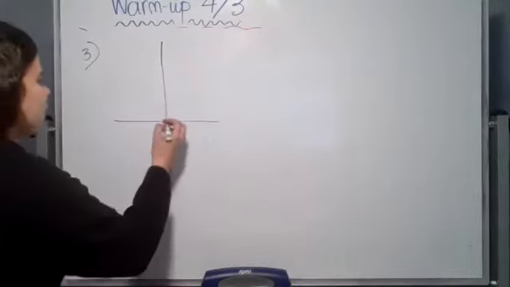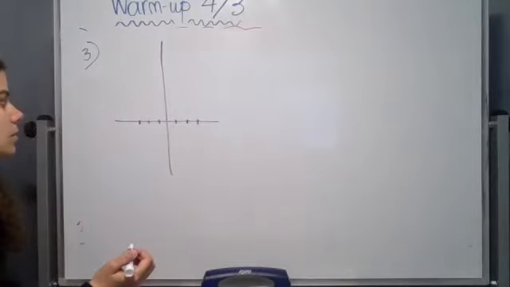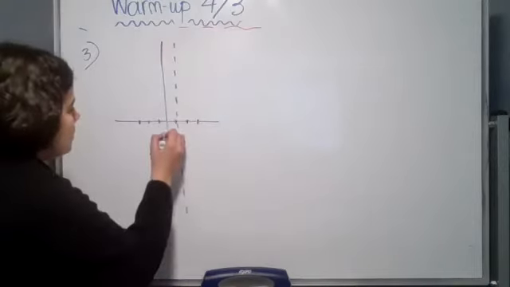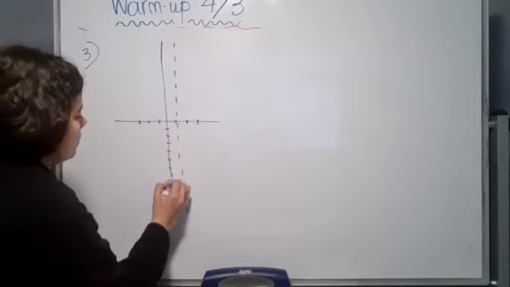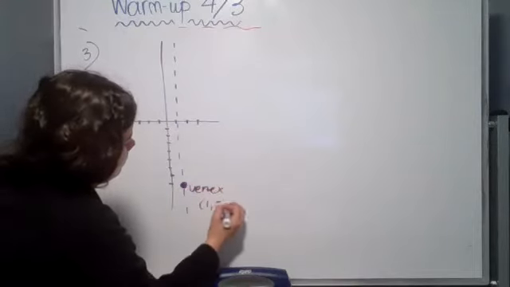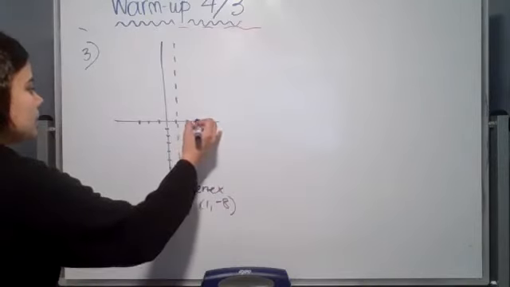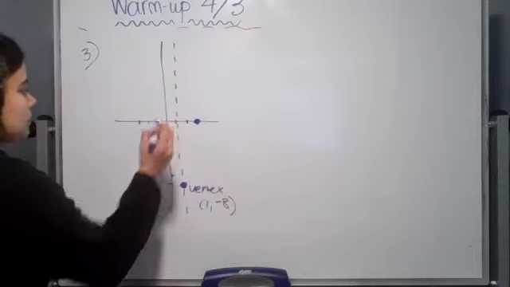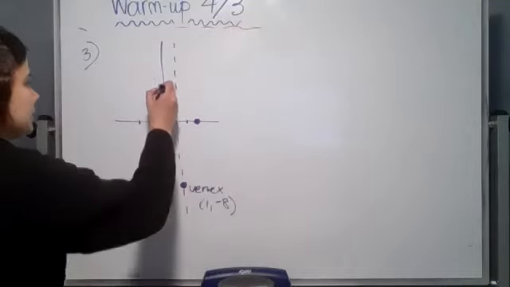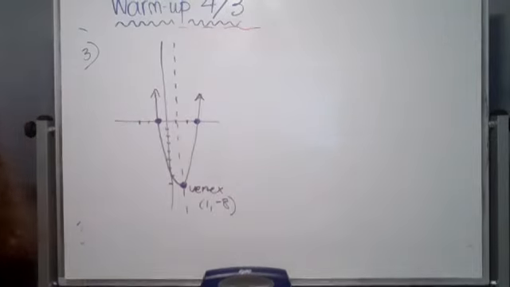To make a sketch of the graph, our vertex was at (1, -8). Let's do that down here. And then our x-intercepts were at 3 and -1. And so that gives you a pretty good idea of how you can draw your parabola. And we're done.